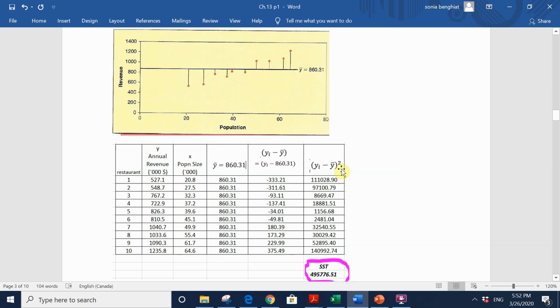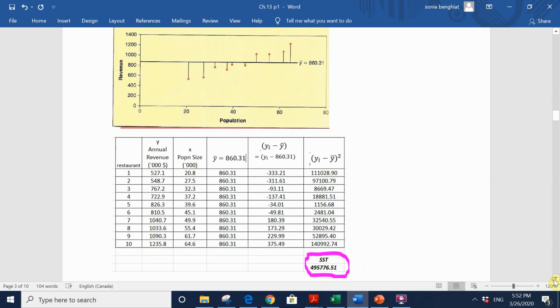Then if I square these deviations and sum them up across all 10 observations, I get a new measure, the sum of squares of the total variation. This is the amount I'm getting right here. It's a pretty big number, 495,776.51.